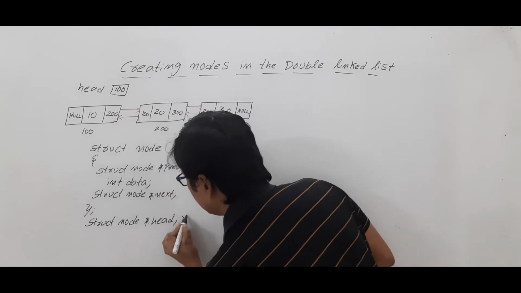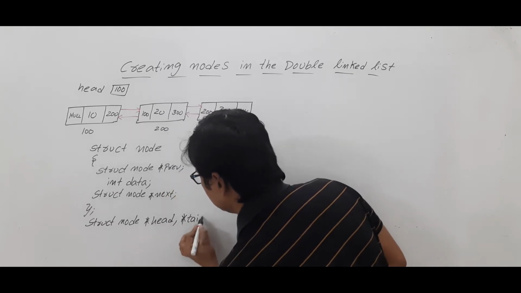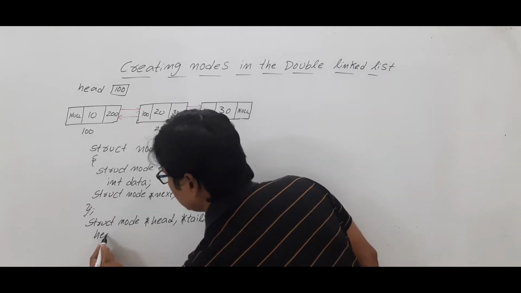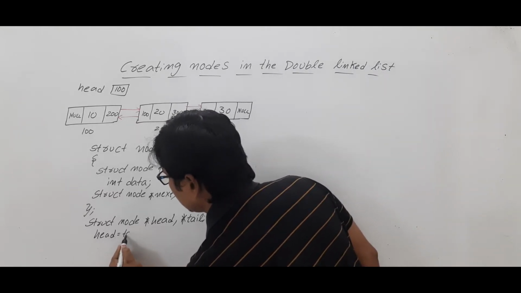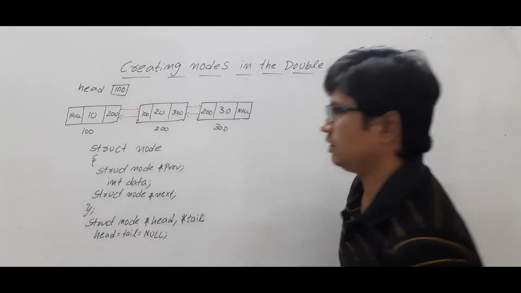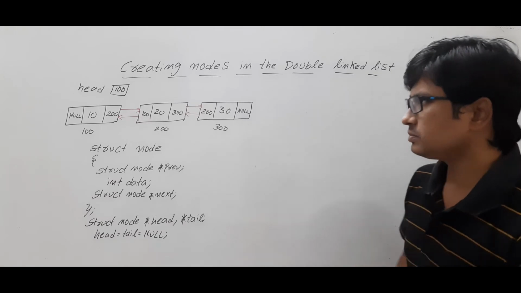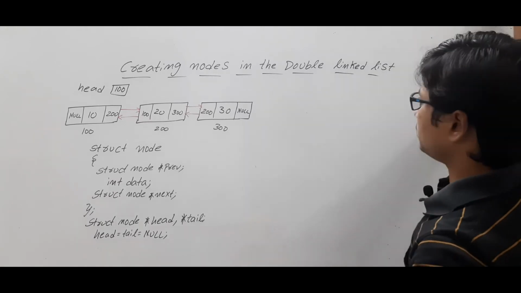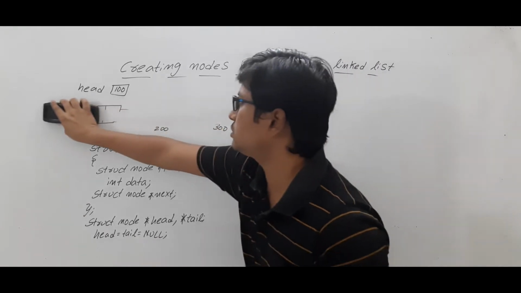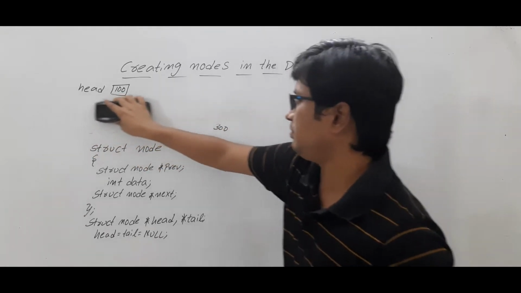One is head, another one is tail. First I will initialize head and tail equal to null. So they are null pointers right now. They are not pointing to any memory location. Is it clear?